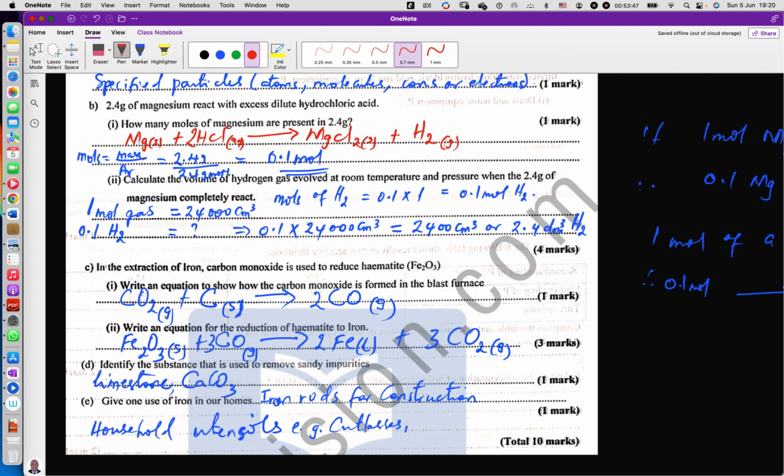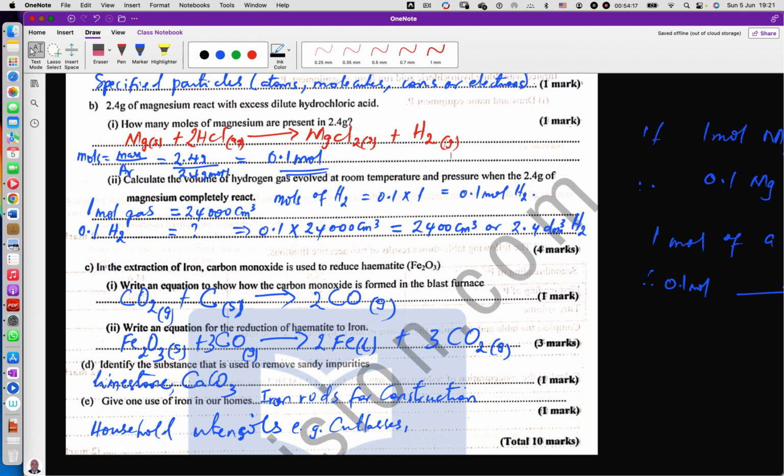Moles equals mass divided by relative atomic mass. So the given mass, 2.4, divided by the relative atomic mass of magnesium, which is 24.